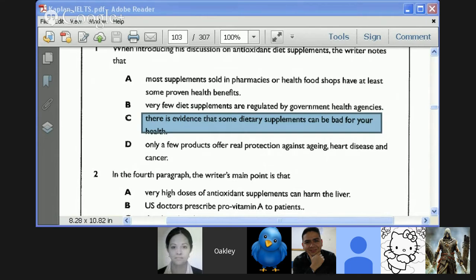It's very close. I might actually put a question mark next to this. A and B I'm going to cross out immediately. Those are clearly just way wrong. A, by the way, this is how they fool you. A is basically the opposite of what they say.